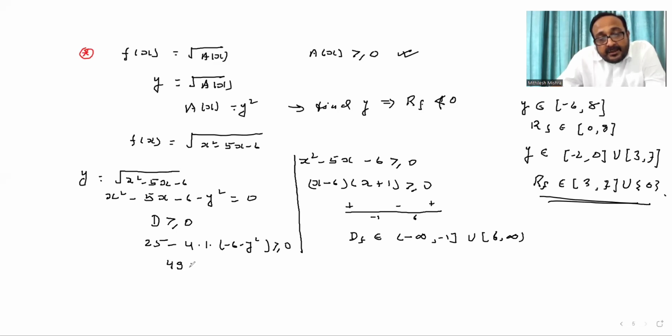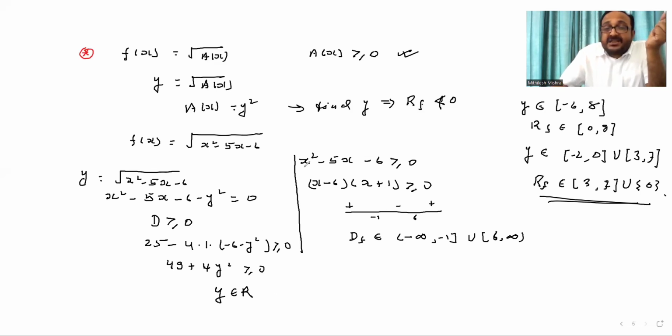So 49 plus 4y square greater than or equal to 0. Now see here, for any real value of y, positive, negative, fraction, integer, it will always be positive, no? Because a square plus b square for any value of a and b is always greater than or equal to 0. If you take 0, then also it is fine. So y is equal to all the real numbers.